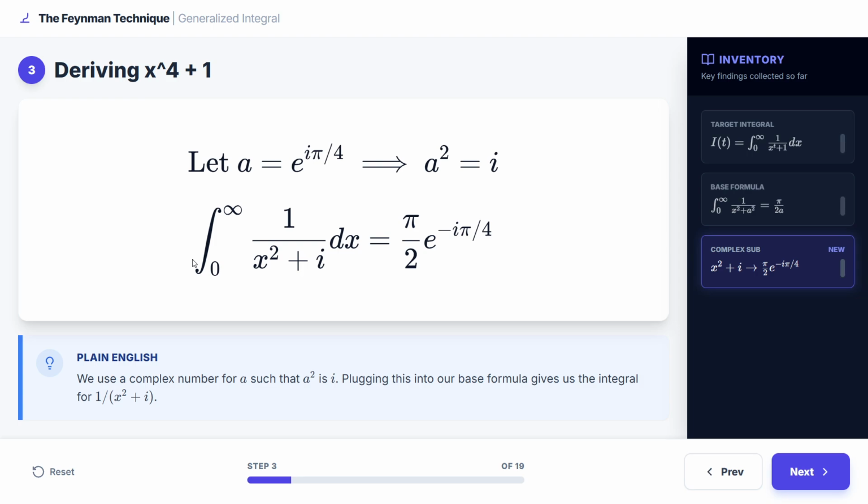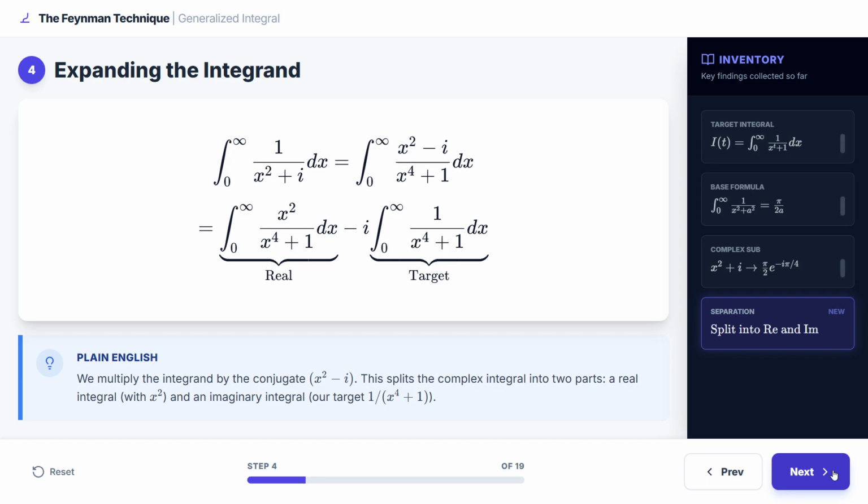So now our integral on the left transforms into this, integral 0 to infinity of 1 over x squared plus i. And on the right hand side, we have this. All right.